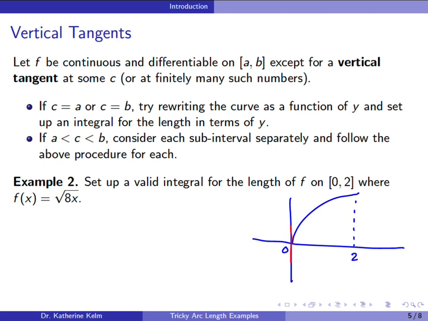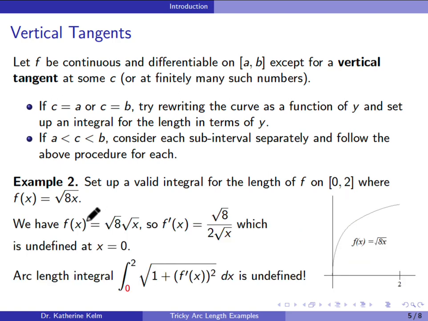We can confirm that by taking the derivative of f and seeing that it is undefined at x equals 0. So sure enough, the arc length integral from 0 to 2 of the square root of 1 plus f prime of x all squared dx is undefined because f prime of x is undefined at x equals 0.